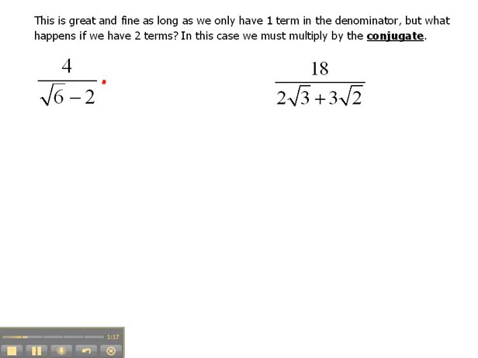Well, in a previous section when we talked about multiplying binomials, we talked about multiplying by something that looked like this. When we multiplied by these, we said, look, this is really just a difference of two squares.